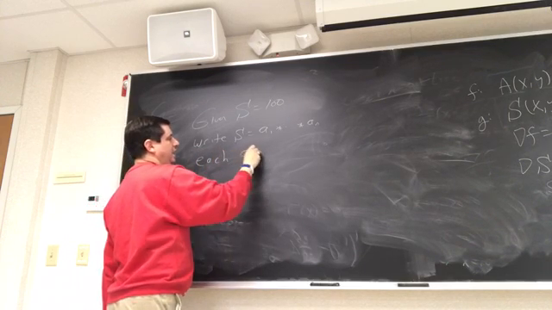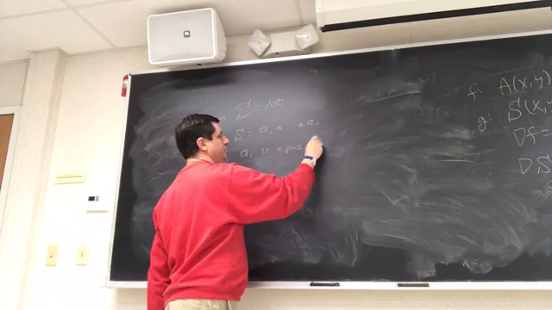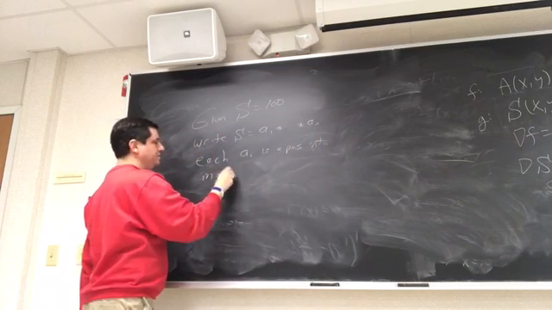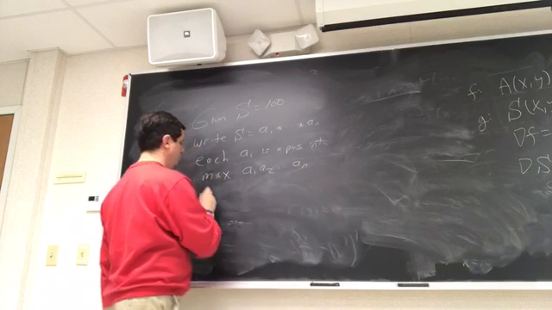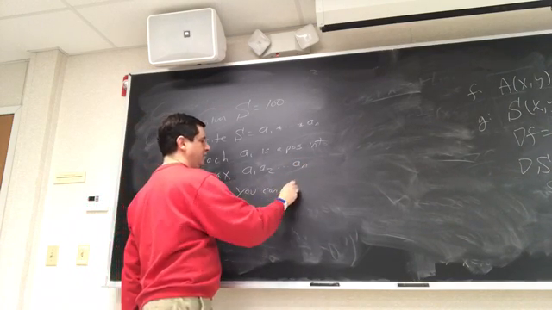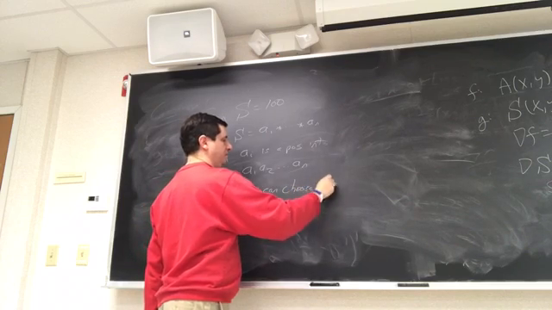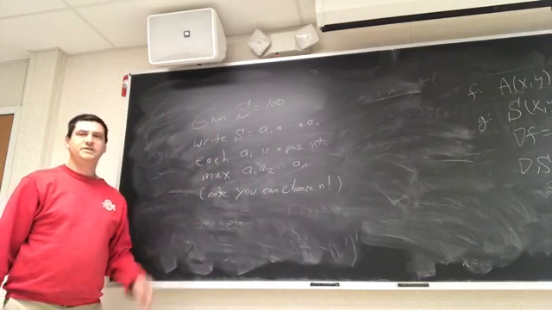Each AI is a positive integer, and I want to maximize the product A1, A2 to AN. Note, you can choose n. So if I gave you the number 1,000 or the number 50, you might have a different value of n.